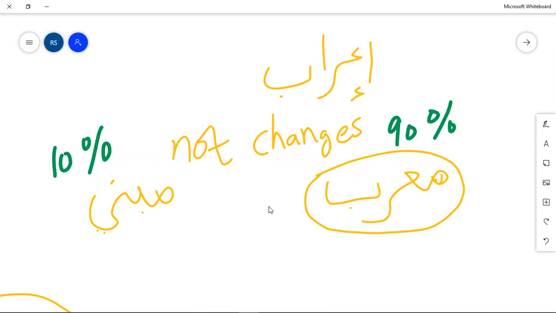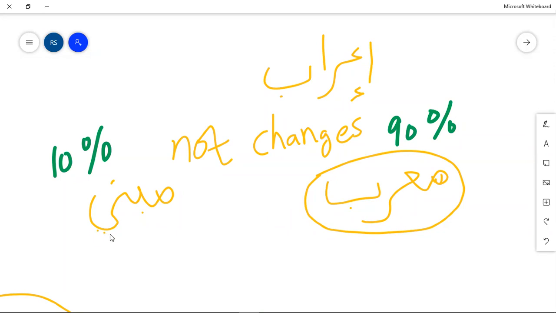Can anyone give me an example of Mu'rab words? Words like Ghurfa, Kitab, Sayyara, all these are Mu'rab because their I'rab changes according to the sentence.